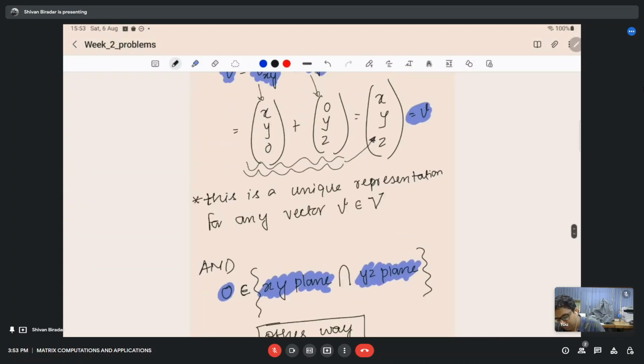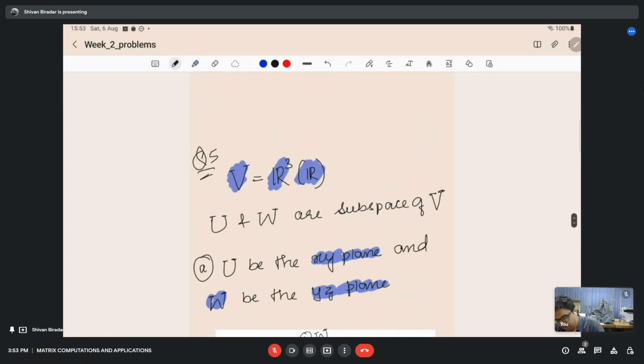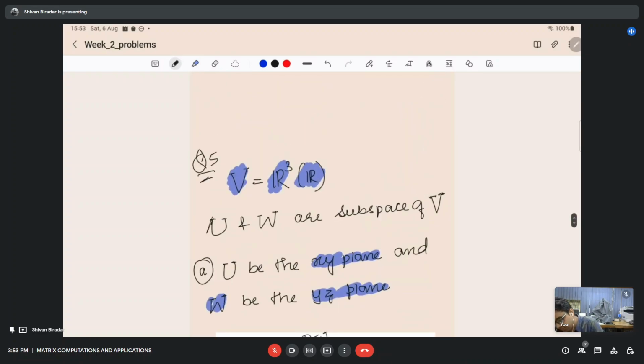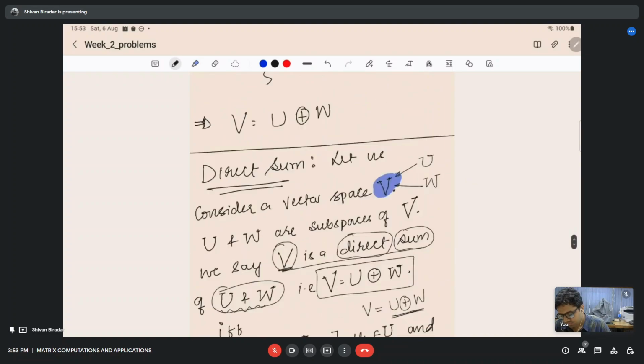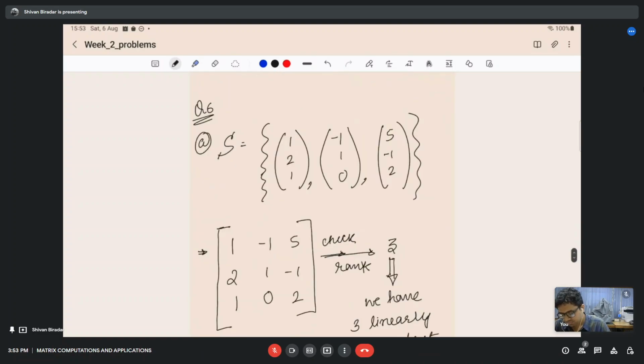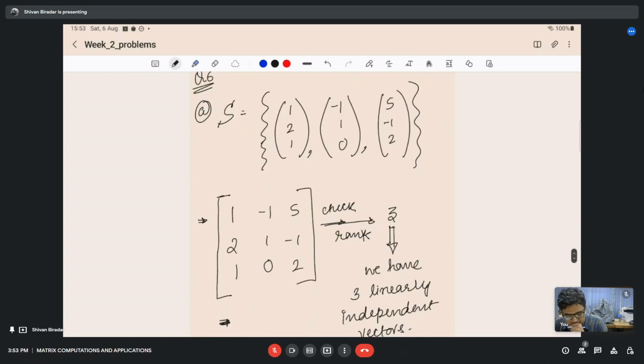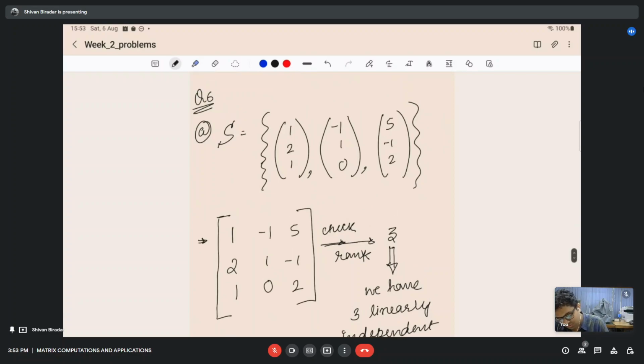So basically, we can say that the direct sum of U and W gives us the vector space V. I hope now you understood that part.